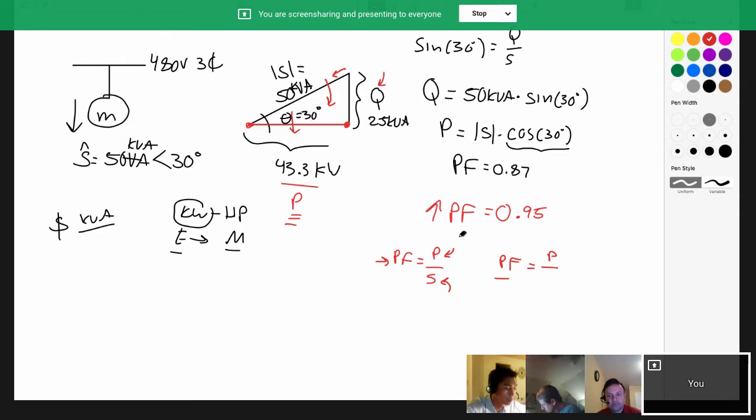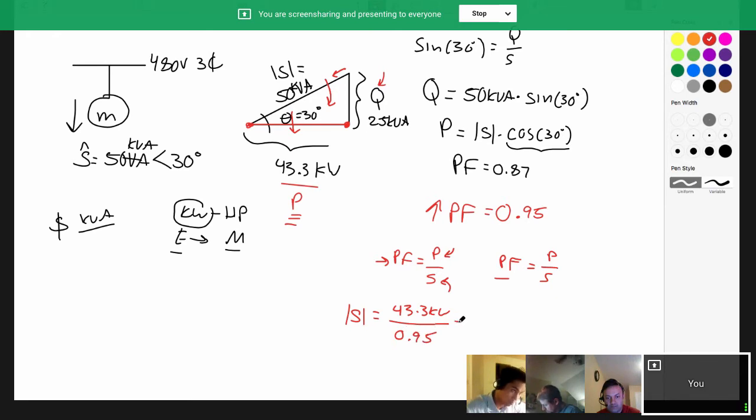So we say we want to go from a 0.87 power factor to a 0.95. Okay, let's try this. Let's try finding the apparent power magnitude. So we could say that would equal, if we use the same P value, 43.3 kW over the power factor we want to go to. So I'm going to go ahead and punch that in.